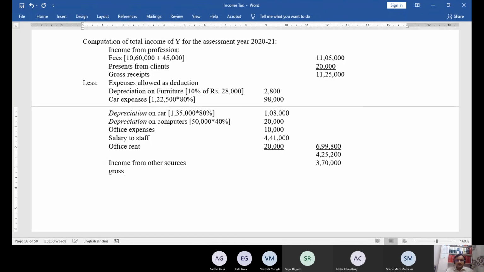Total becomes gross total income: 4,25,570, less deductions under section 80C. If you remember, you have to revise 80C yourself. PPF is allowed under 80C.